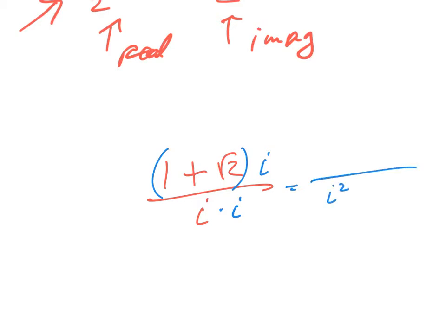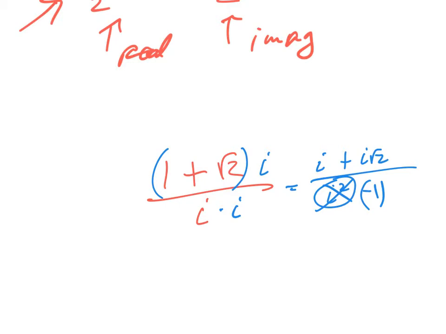Why do you care? i squared equals 1. i squared equals -1 to be exact. Now it's better. Why is it any better? Because it's got a -1 on the bottom instead of having a square root.